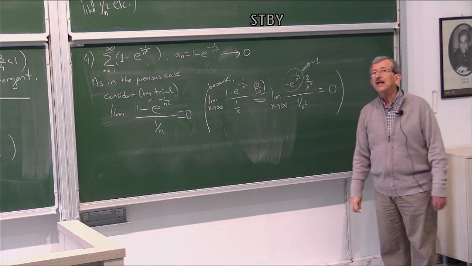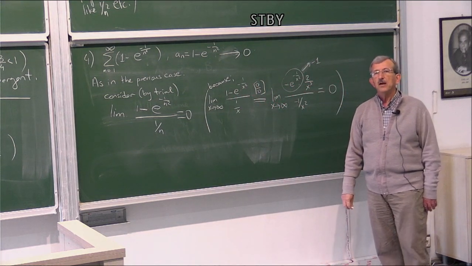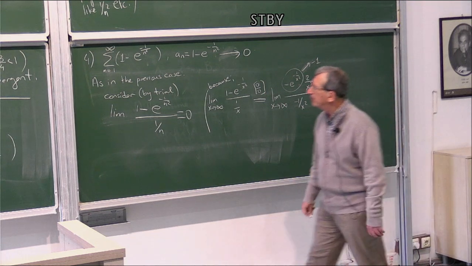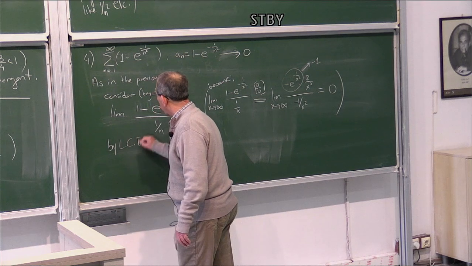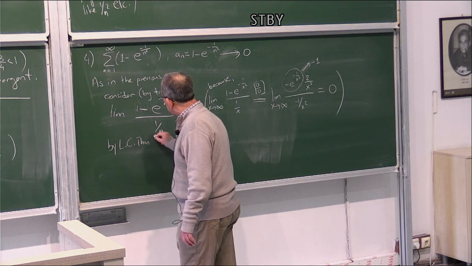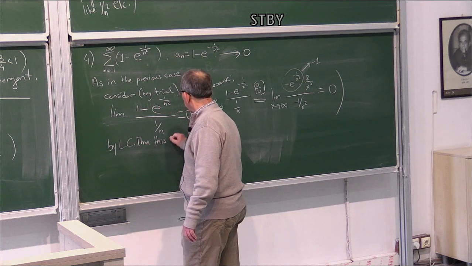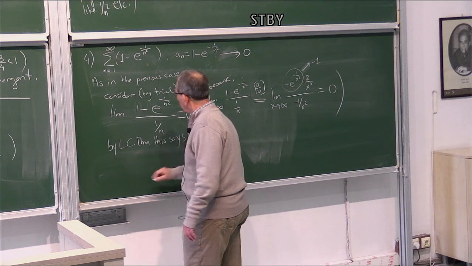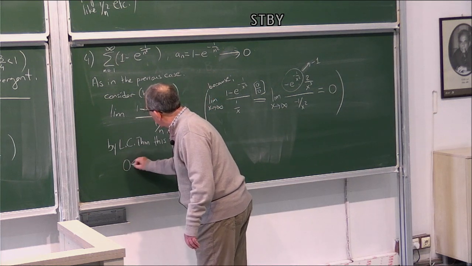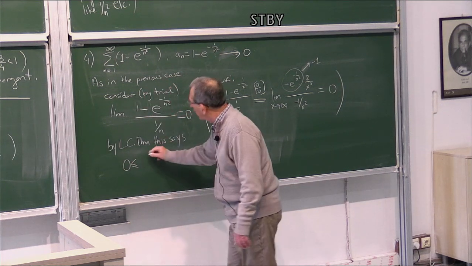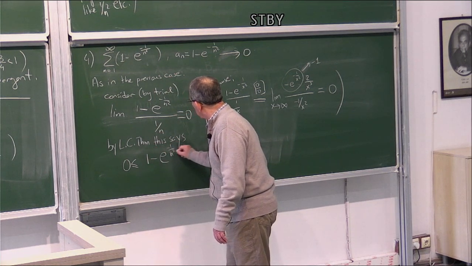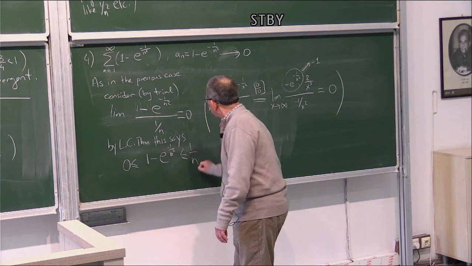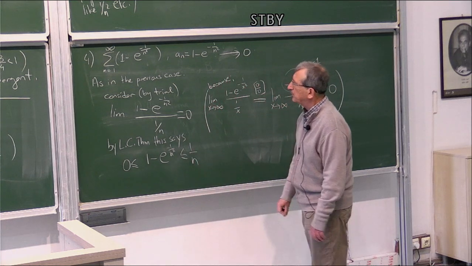Now, what does this tell us? Now, by comparison theorem, by rather limit comparison theorem, this says that we have a positive value and it is smaller than 1 over n. Okay. If n is large.